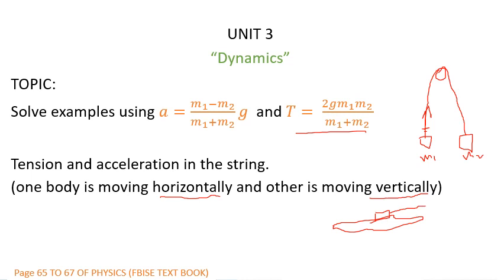And a string will be like this, and over here there will be a pulley, right? So this body will move in this direction, which is horizontal motion, and this body will move downward, so this will be the vertical motion. So we will try to cover this topic also in this lecture.